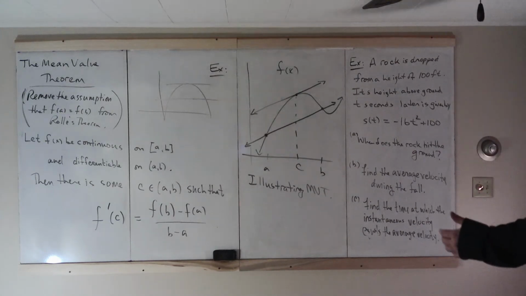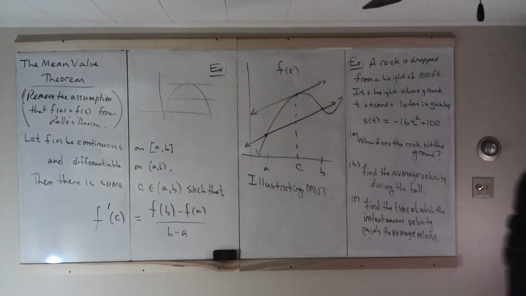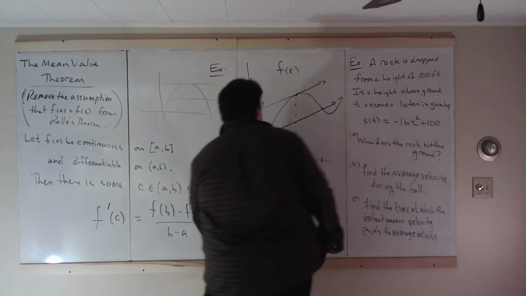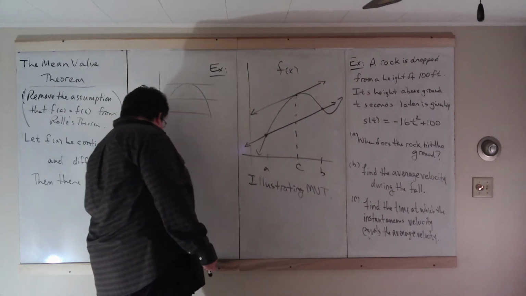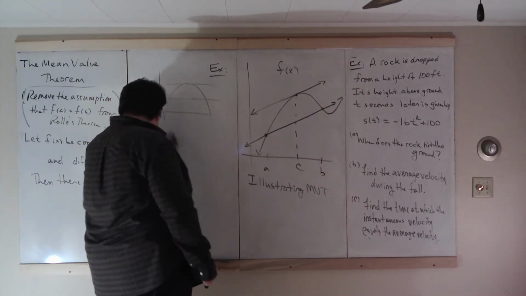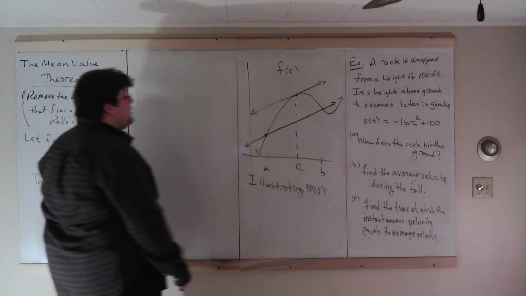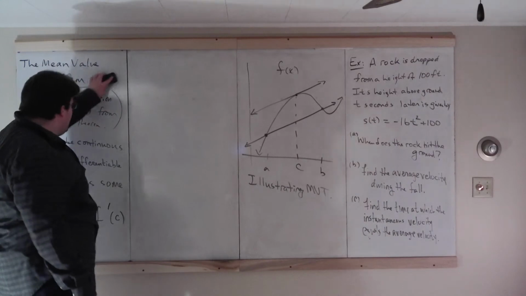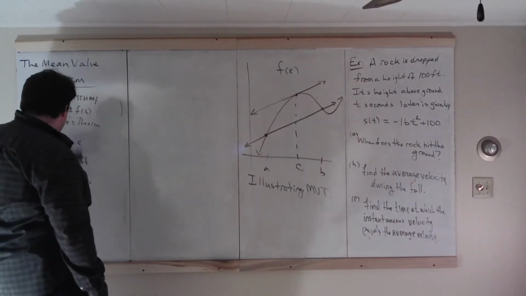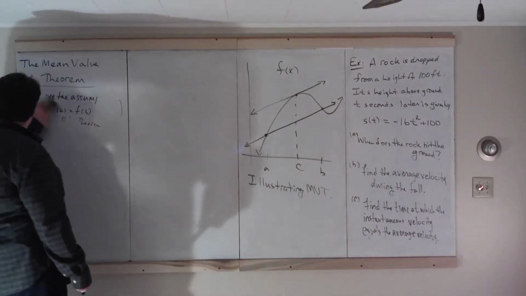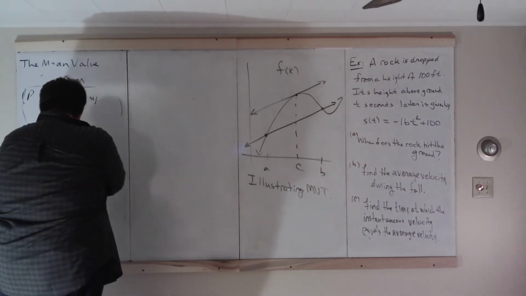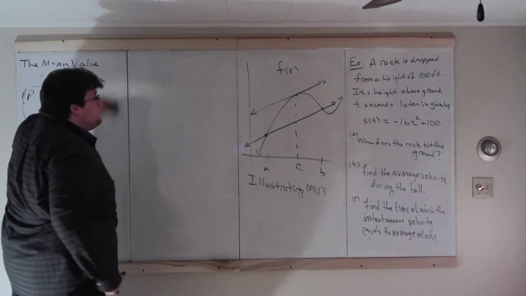But first, let's consider this example. A rock is dropped from a height of 100 feet. Its height above ground t seconds later is given by s of t equals negative 16t squared plus 100. And what do we have? 3 parts.